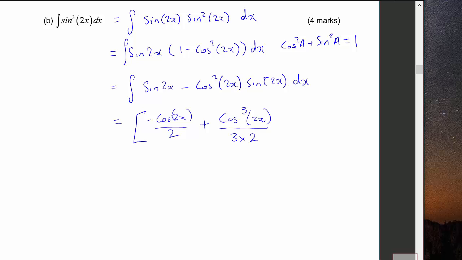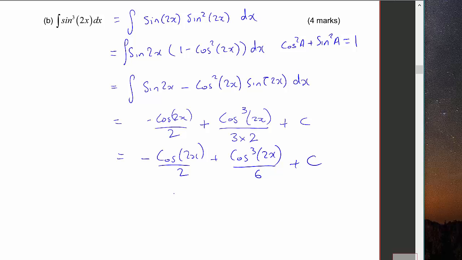The 3 is because of the increase in power, and the 2 from here. And I don't know why I've got the square brackets, we haven't got limits. And we've got plus a constant, so that's going to be negative cos 2x on 2 and cos cubed 2x on 6 plus a constant.